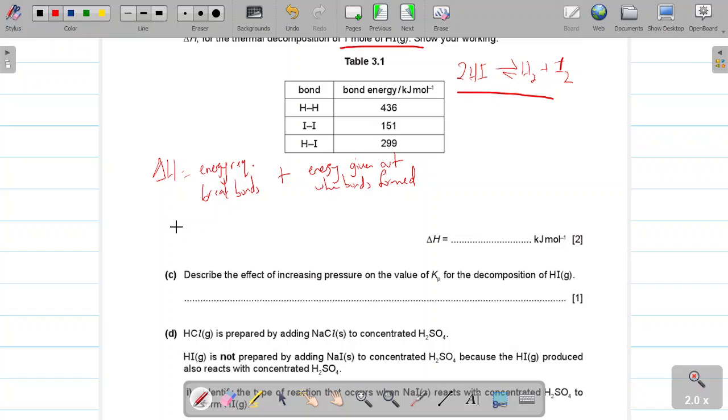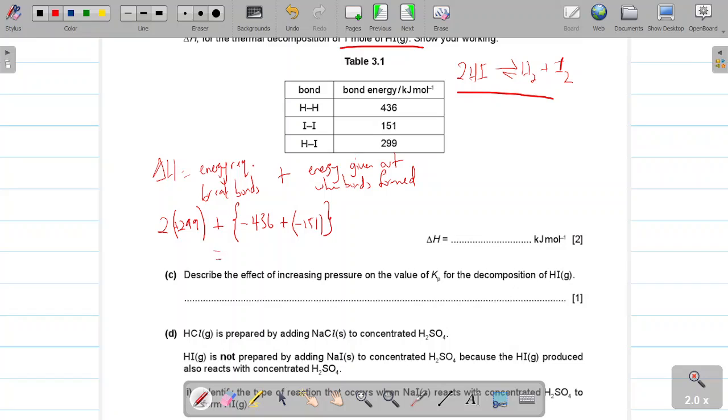The energy required to break the hydrogen iodide bond is 2 by 299, and this would be positive because we are bond breaking, plus the energy given out when bonds are formed. We form 1 mole of hydrogen, which is minus 436, and 1 mole of iodine, which is negative 151.